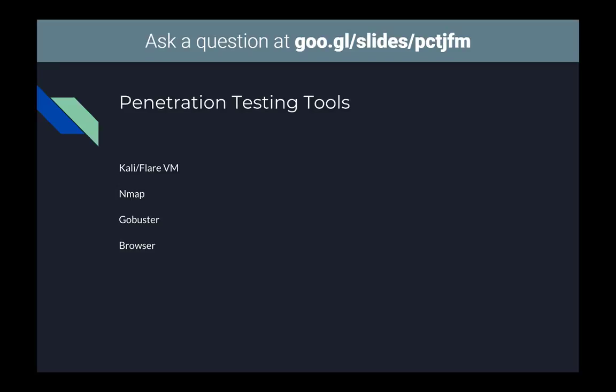Then, of course, there's the browser, which is another tool, probably underutilized. I've been finding more uses for it as I continue experimenting with stuff. So really, we're talking about their debugging tools.